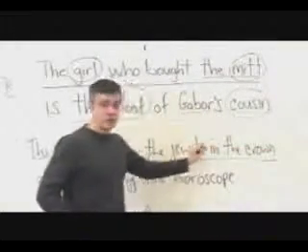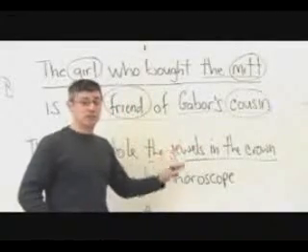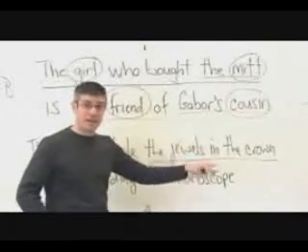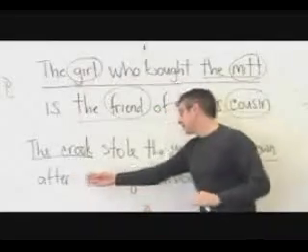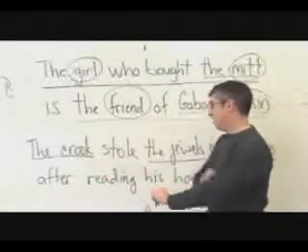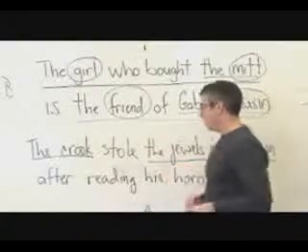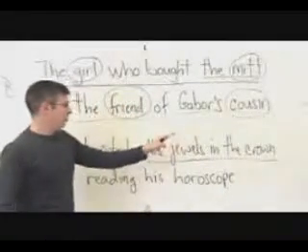So in the crown is part of this nominal phrase, because the nominal phrase consists of the head, which in this case is jewels, and everything that modifies it. But does the nominal phrase continue along this? Does it include after reading his horoscope? Well, it doesn't. The nominal phrase ends with crown.